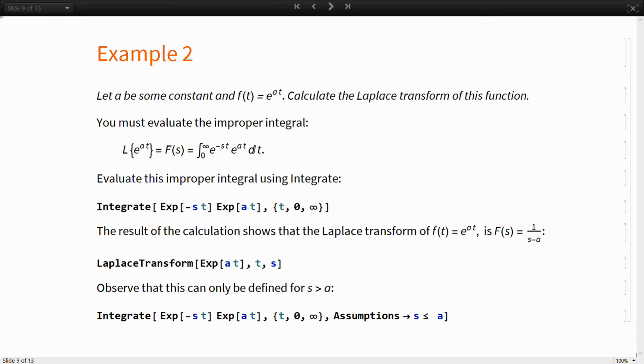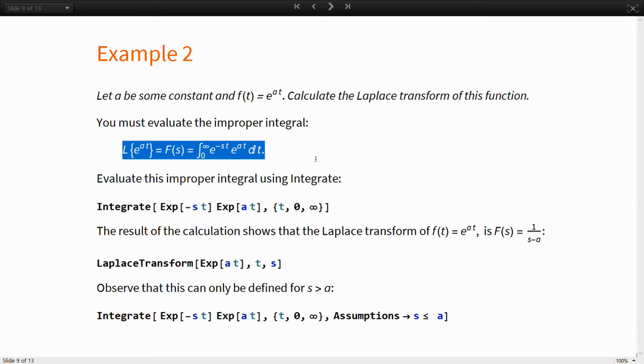As another example, consider calculating the Laplace transform of e to the a times t for some constant a. This transform can be represented by L bracket e to the a times t, which equals the function big F of s. Explicitly, this Laplace transform is given by the integral from 0 to infinity of the kernel function e to the minus s times t times e to the a times t.